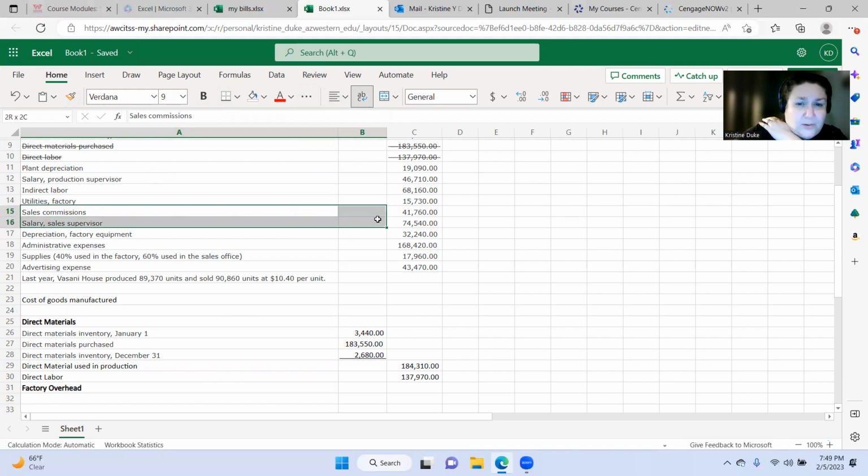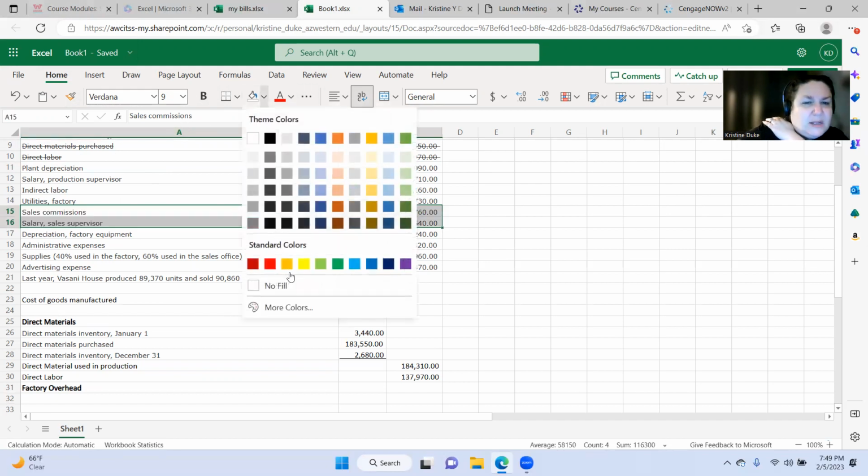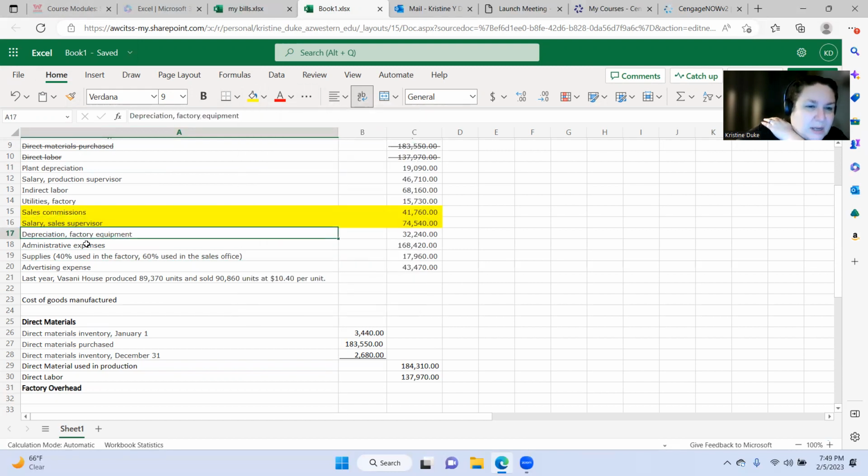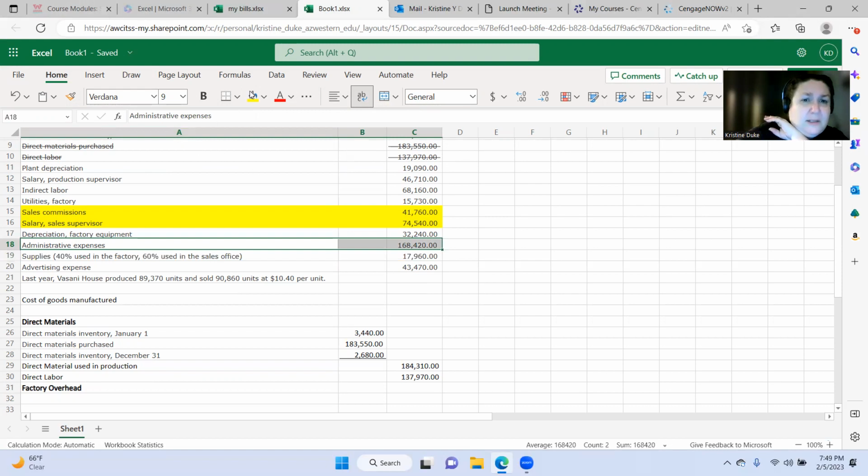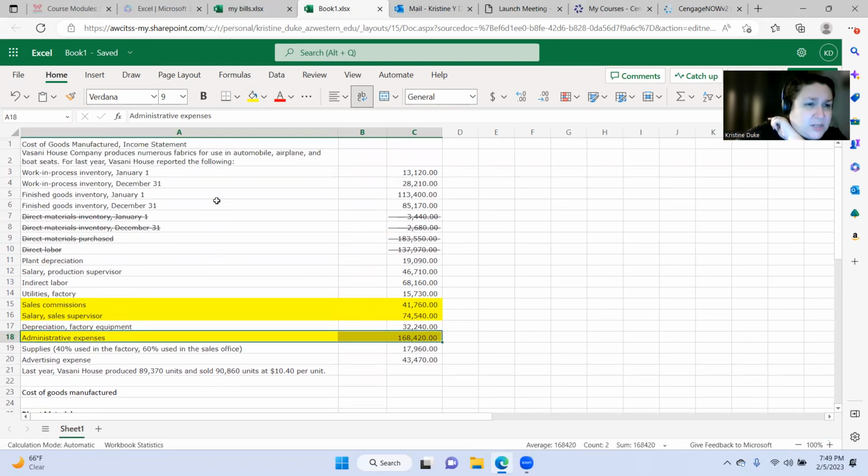I'm going to ignore these two right here. Let's go ahead and make it a yellow. We'll get back to them. Factory equipment, that's good. We are going to get back to this one a little bit later because that's going to go on the income statement.